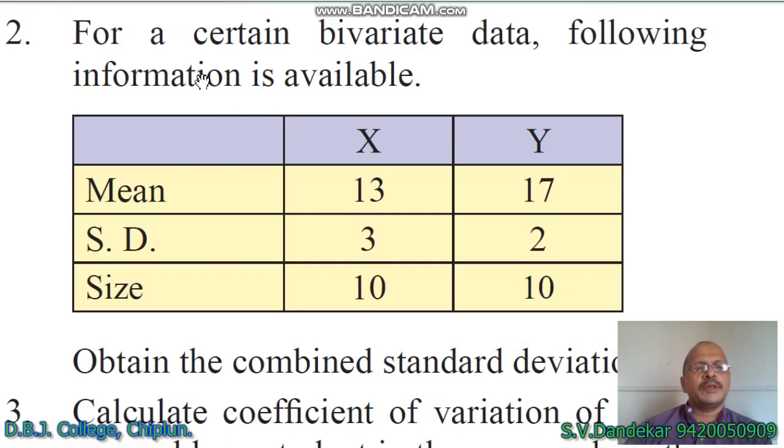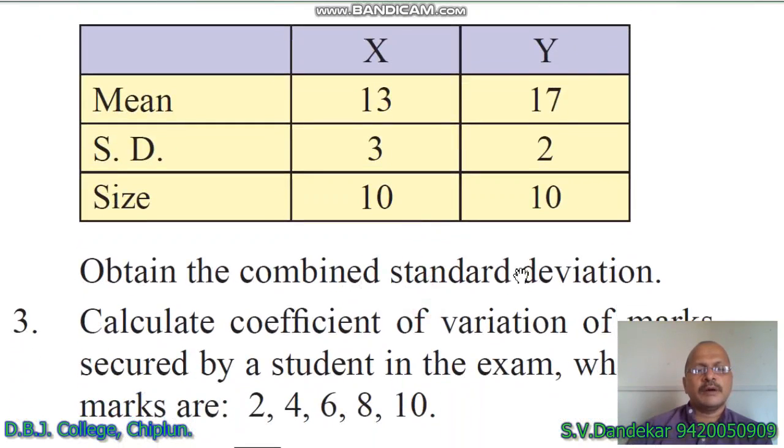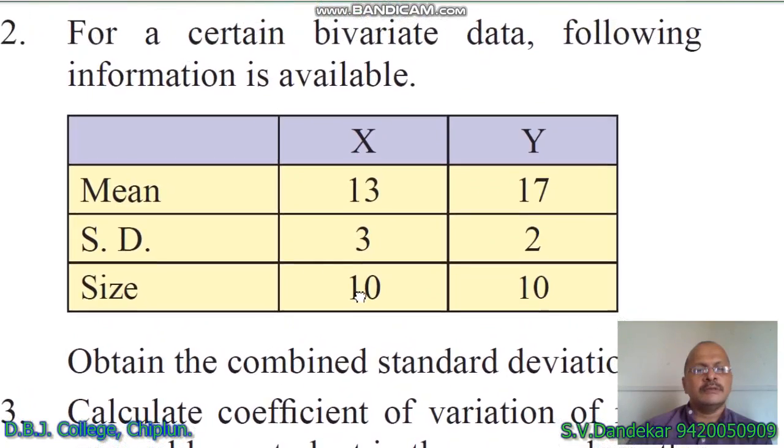The second problem is, for a certain bivariate data, the following information is available. For the variable x, mean is 13, standard deviation is 3 and size is 10. For the variable y, mean is 17, standard deviation is 2 and size is 10. Obtain the combined standard deviation.